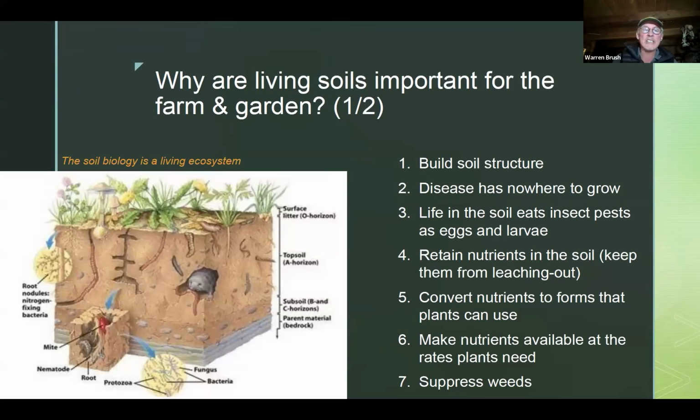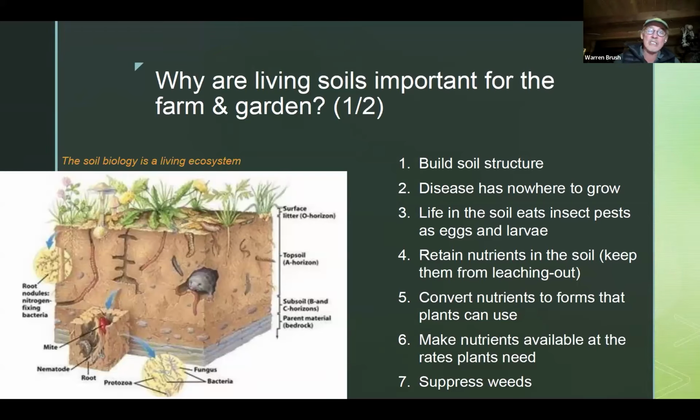They retain nutrients in the soil and keep them from leaching out. So much of our soils right now, people put NPK in them and so much of it is leached out and it's less soluble for the plants to use.